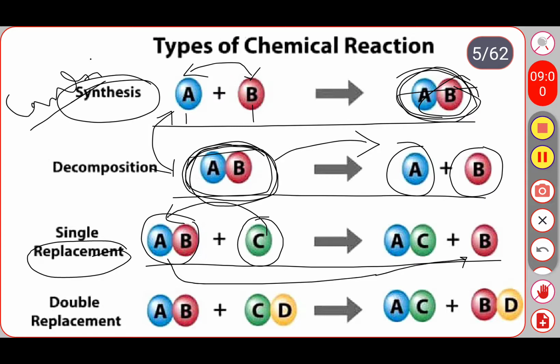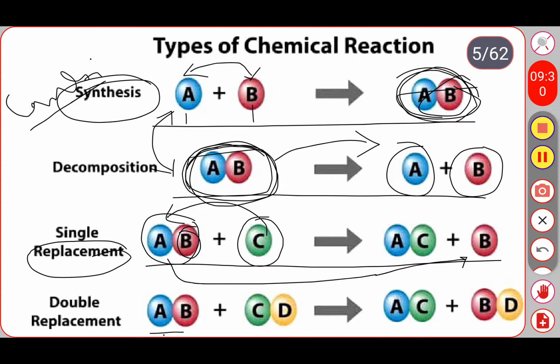So see the next, the fourth one. The fourth type is double replacement or double displacement. In this reaction we have two compounds, and they exchange their ions. For example, AB and CD are the two compounds.